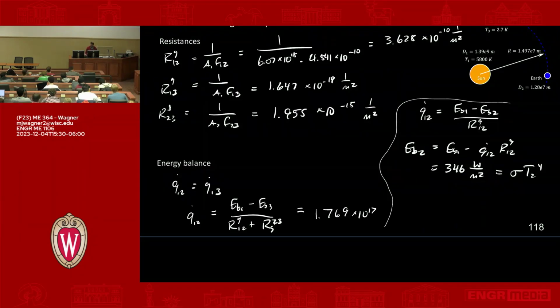We divide by sigma, take the quarter root, and that gives us T2 equals 279.4 Kelvin, which is 43.3 Fahrenheit, when the actual temperature of the Earth is 59 Fahrenheit and rising.